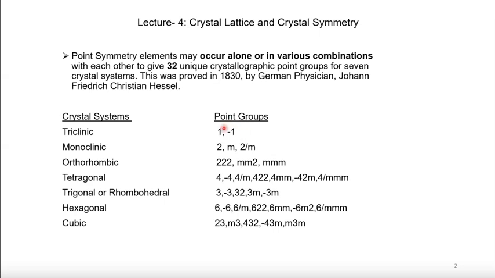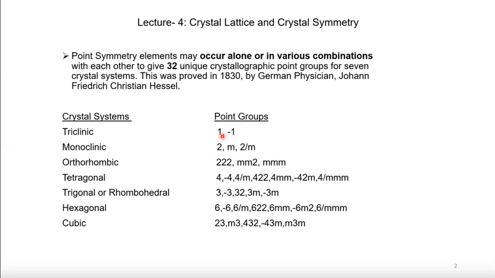And that's what we always describe as bar one. In some books, it is written -1, maybe for typing ease. That is always a centrosymmetric point group.